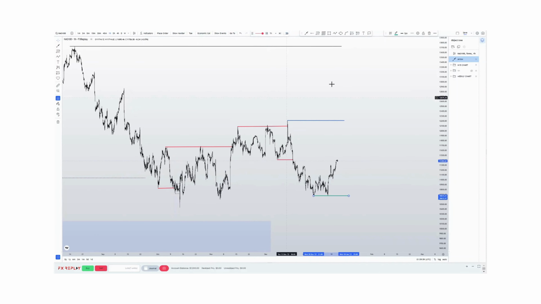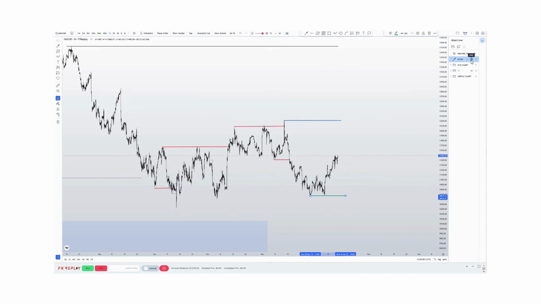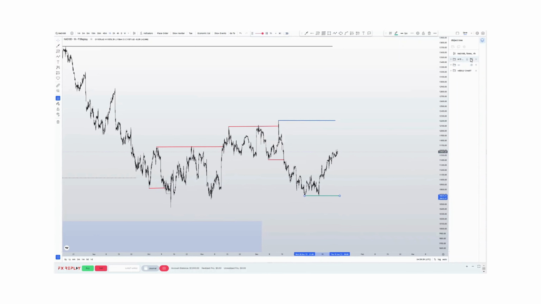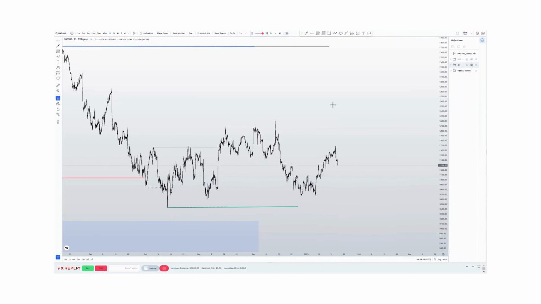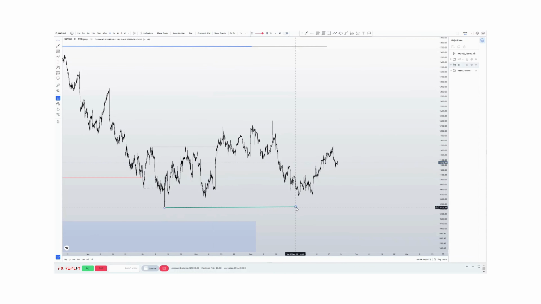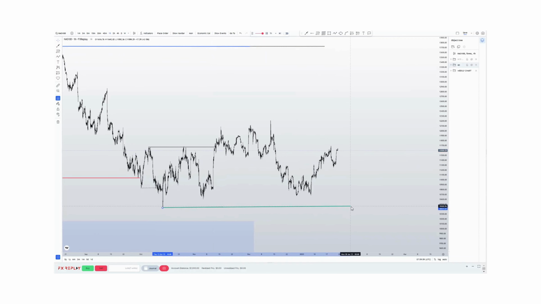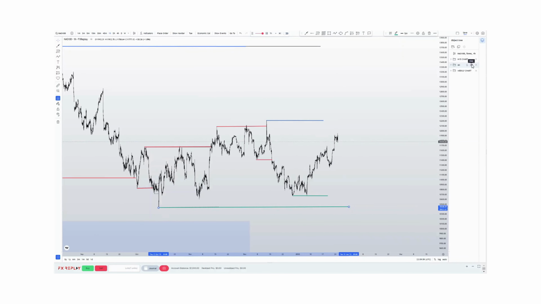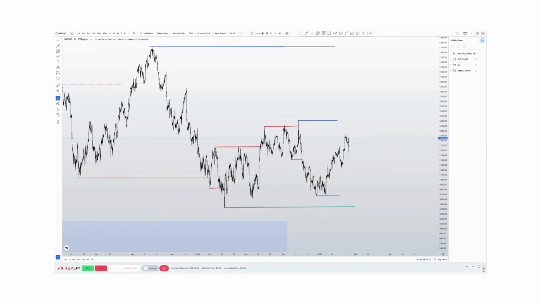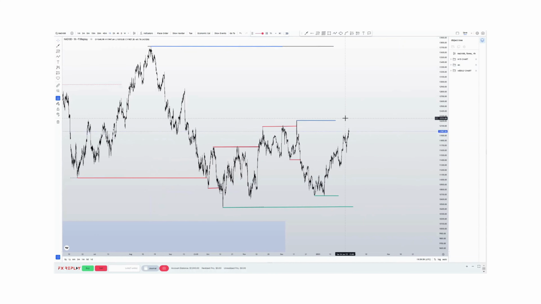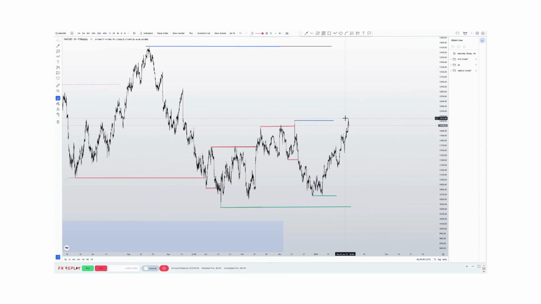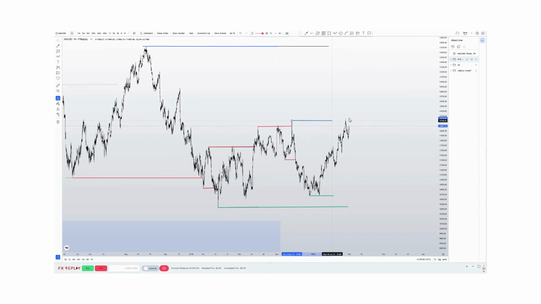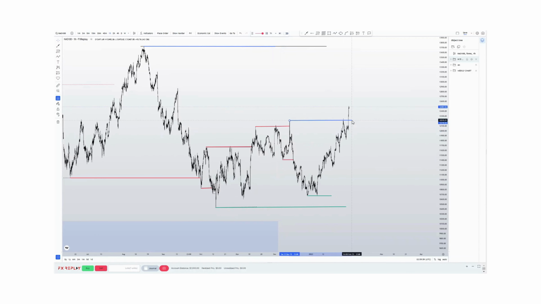So let's see if we remember, we still have our H4 structures at this point. We protected the wick swing. You're still yet to break the wick swing. So the M15 can do whatever it wants inside the H4, but until we have those realignments, we just play price. So we have protected, not yet broken quite.